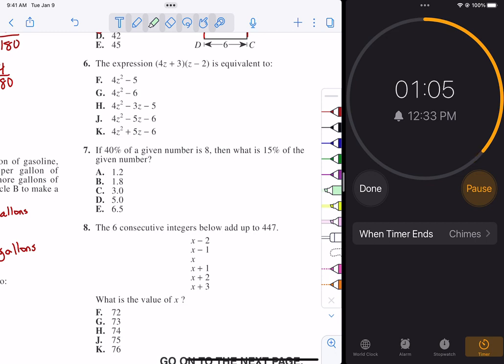You have 1 minute. Try not to jump ahead.